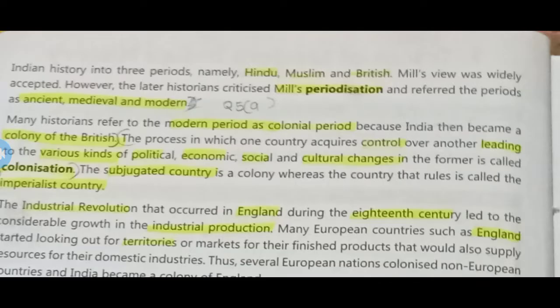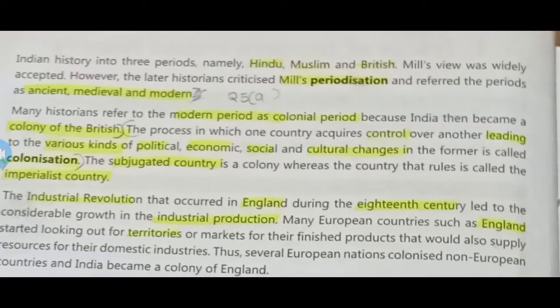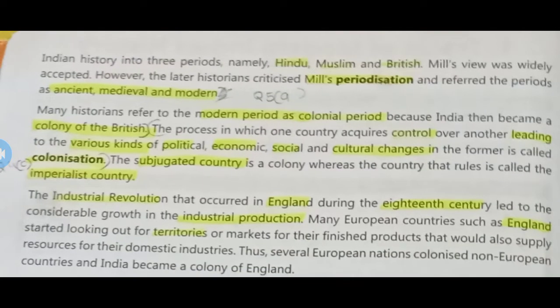This view was widely accepted by the people. But later historians criticized Mill's periodization, and referred to the periods as ancient, medieval, and modern period.